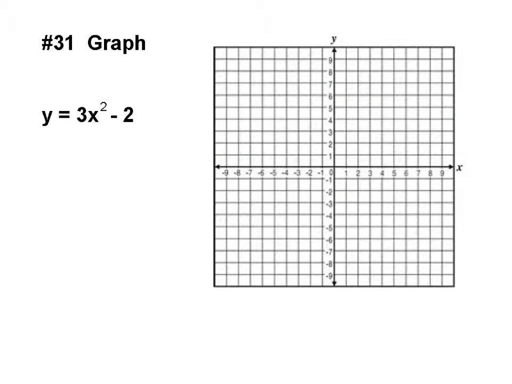Okay, 31, you're going to graph. Do you know what your graph is going to look like just by looking at the equation? Hopefully you're starting to pick this up, but notice it's something squared, right? We had graphs that looked like this that had nothing squared. Those just gave us straight lines, right? And then we had graphs with something squared in them. Those are our parabola graphs. So it's going to make a V or an upside down V, right?